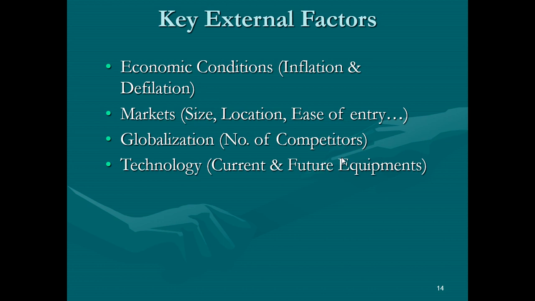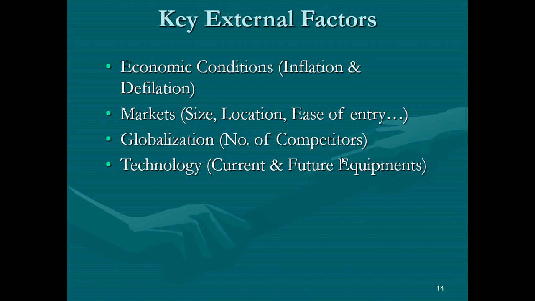You must know that there are external factors that affect your long-term planning or strategic planning, which are economic conditions, for example, markets, globalization, and technology. Economic conditions can be found in inflation or deflation.